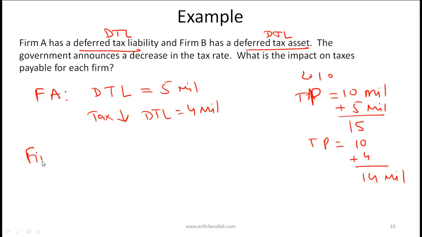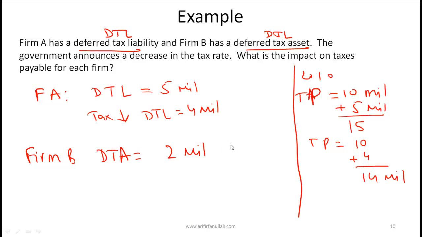What about firm B? With firm B, let's say that this firm has a deferred tax asset equal to 2 million, and again, let's say tax payable next year was expected without this 2 million impact to be 10, and with that deferred tax asset we were expecting a savings of 2 and hence an overall tax payable of 8.